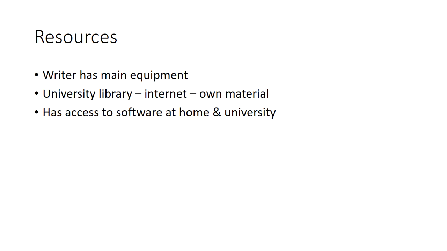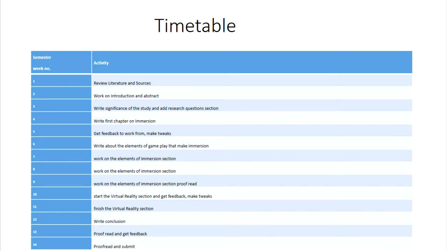Along with that, any material that is at home, the writer will be able to use. The software needed to complete the dissertation, the writer has at his own disposal, and if needed, at the university as well. Here's a timetable that I'll be using to allocate my time in the right places so as not to fall behind and potentially hand in late.